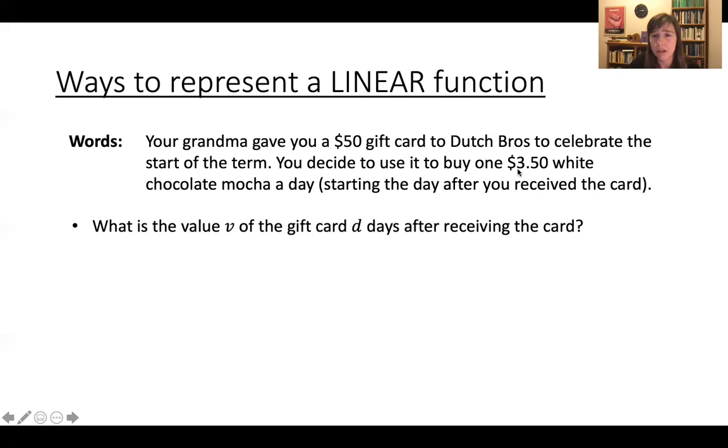And our slope, well, we're losing $3.50 a day, and so our slope is going to be minus 3.5. So I would write the value of the gift card after D days would be 50 minus 3.5 times D. You start at 50 and you subtract 3.5 every day. Our input variable is the number of days, and you plug in the number of days, it'll tell you how much money you have left on your gift card.